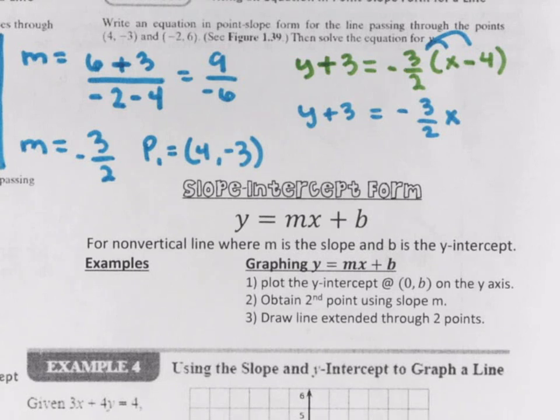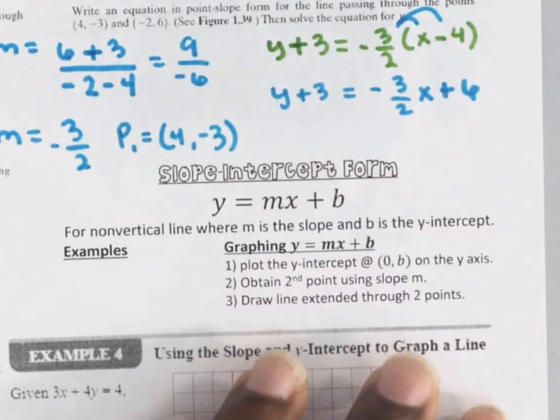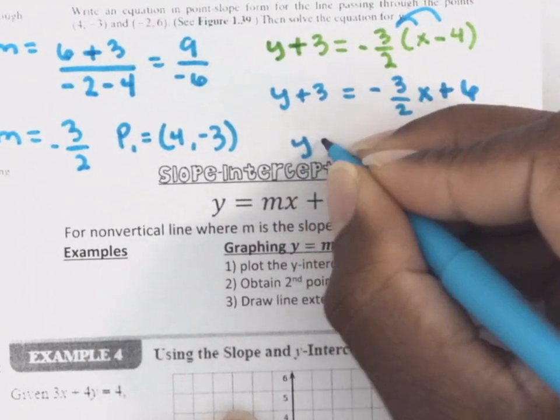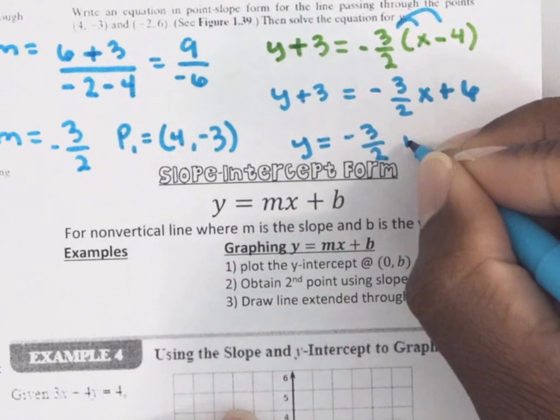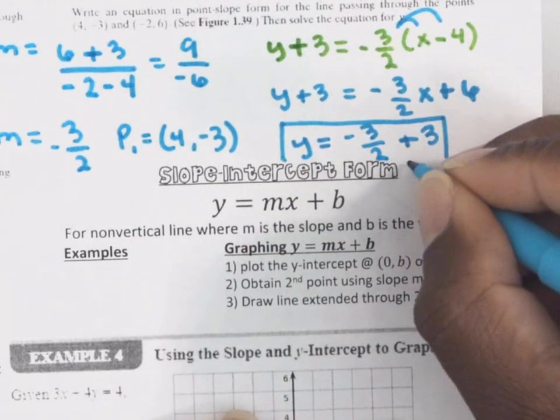I probably would have said, I can cancel those, 1 and negative 2, 6. Either way you go, you get 6. So plus 6. And then I subtract 3 from both sides. And now I've got it in slope-intercept form.